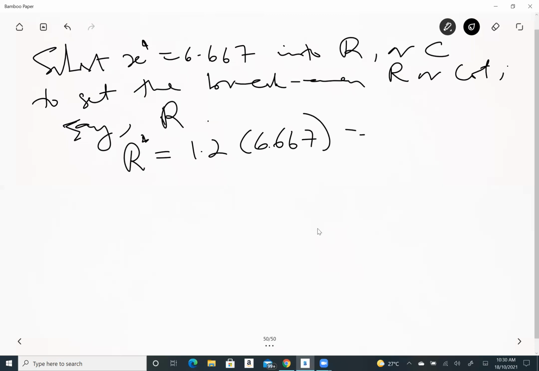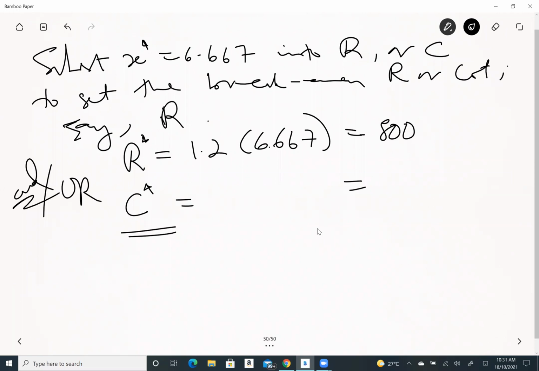Or you can put the cost. Okay, or you can put cost. Or you can do both. Okay, to make sure that they are equal. All right. Now, if you do that, what do you get for the R star? $800.004. 800.005.